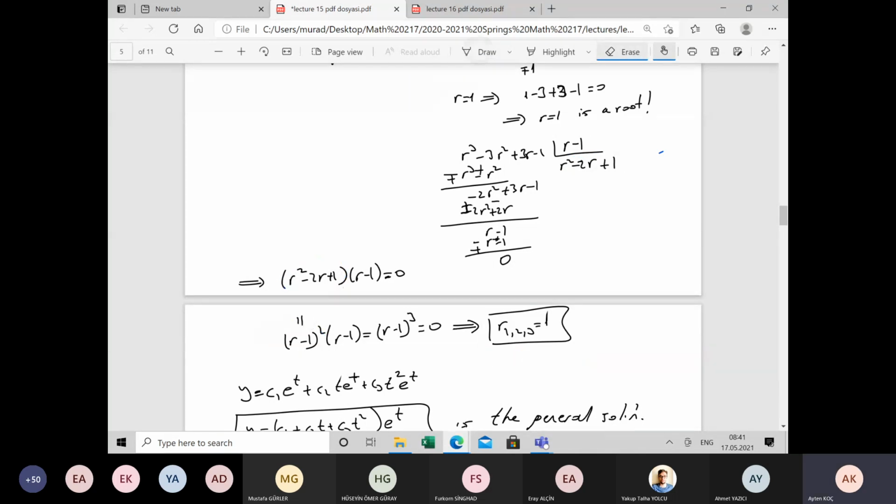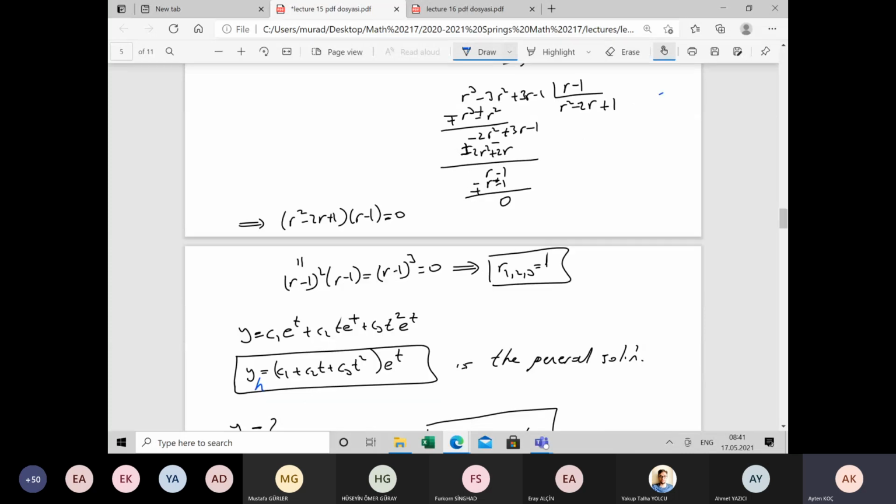Since our root is a repeated root, let's write the general solution of the homogeneous part. We know that e to the r1 t is a solution of the differential equation. Here r1 is 1, so e to the t is a solution. This is the first one, y sub 1. So c1 times y sub 1 and c2 times y sub 2, but with a repeated root, the fundamental solutions should be linearly independent.